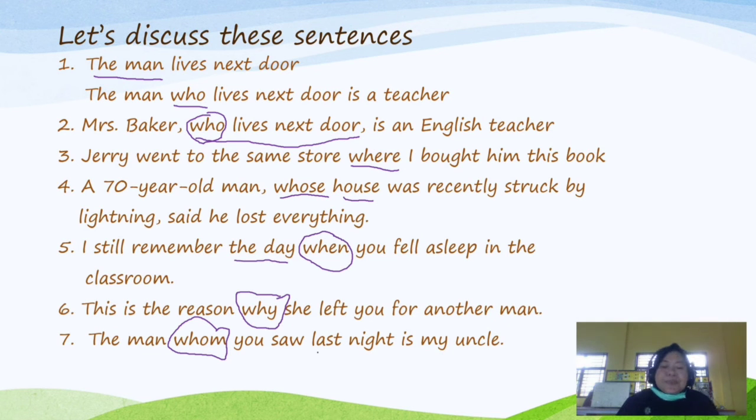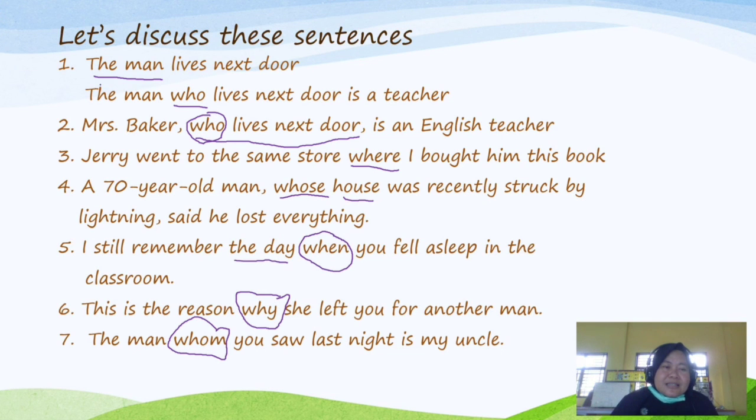Oh yeah, before closing our short discussion today, everyone, I'll give you some essential and useful tips for you to differentiate how to use who, whom, and where, for instance, in your adjective clause.